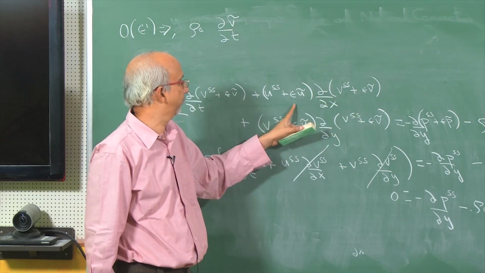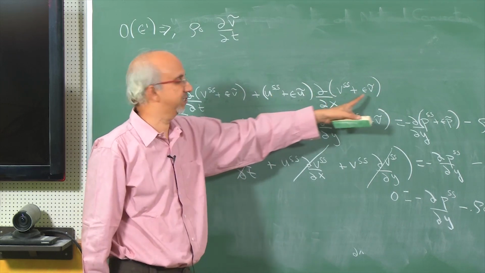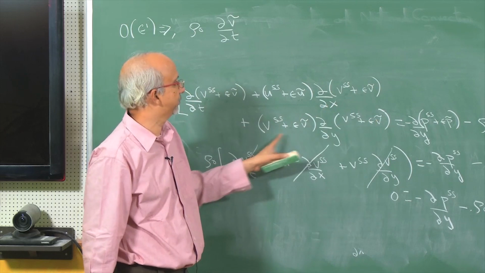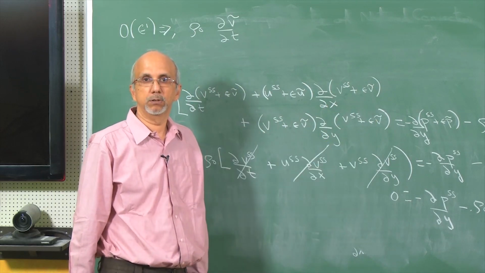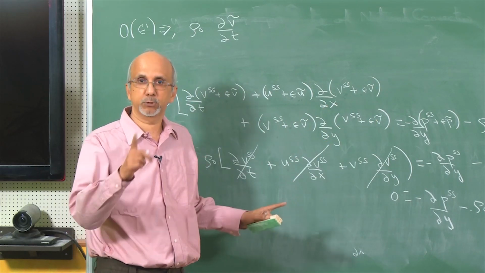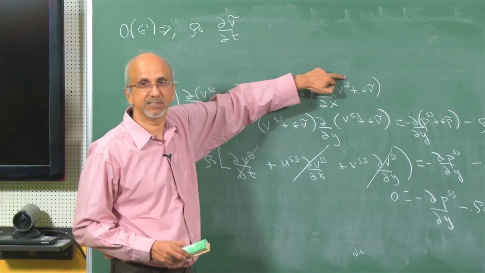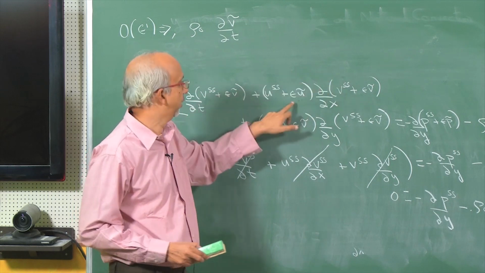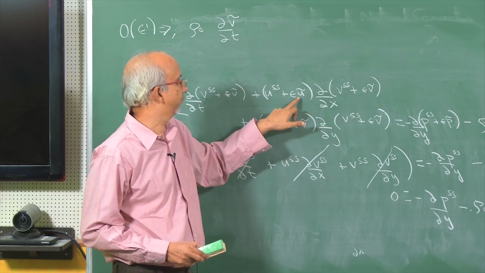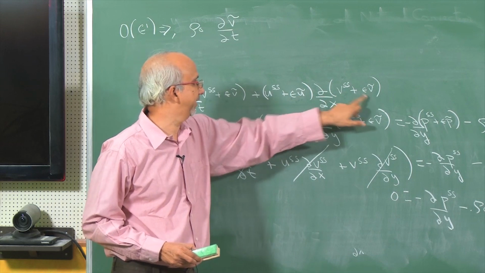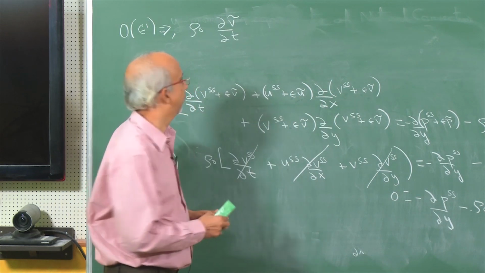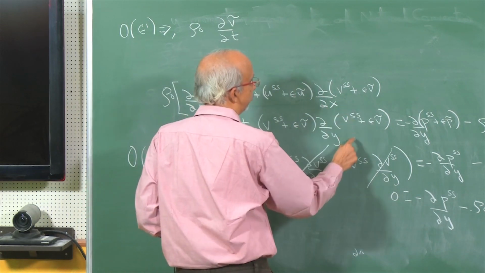So, this does not contribute, and this USS is 0. So, this does not contribute. So, again these terms do not contribute at order epsilon, they only contribute at order epsilon squared, because you can see that USS and VSS are 0, and the only contribution is going to be at order epsilon squared when these two terms multiply, okay. And so, we do not worry about these two terms.